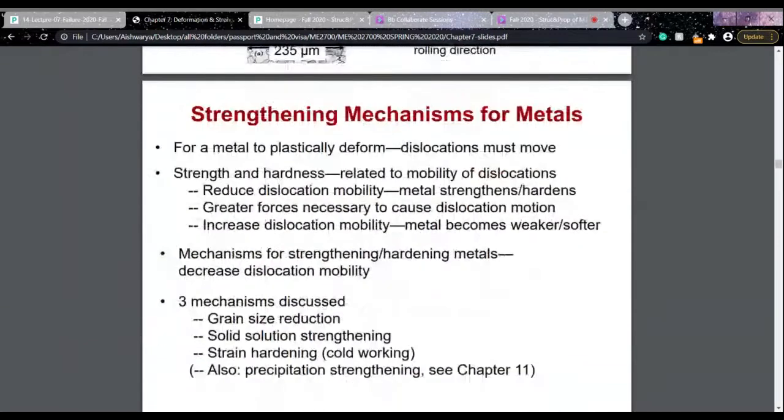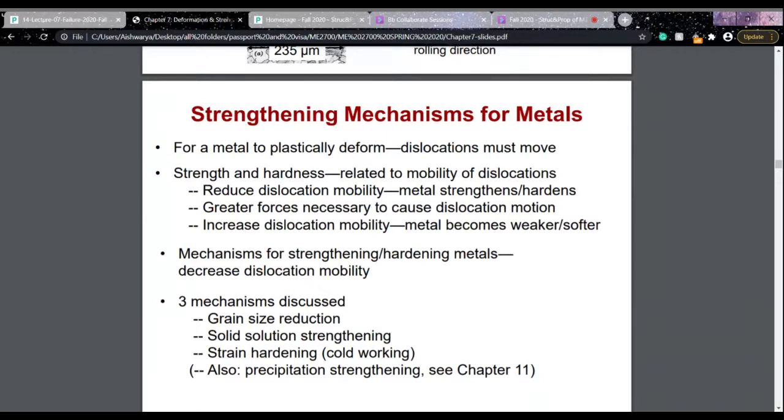Then we have different strengthening mechanisms. These strengthening mechanisms are generally related to plastic deformation and dislocation mobility.